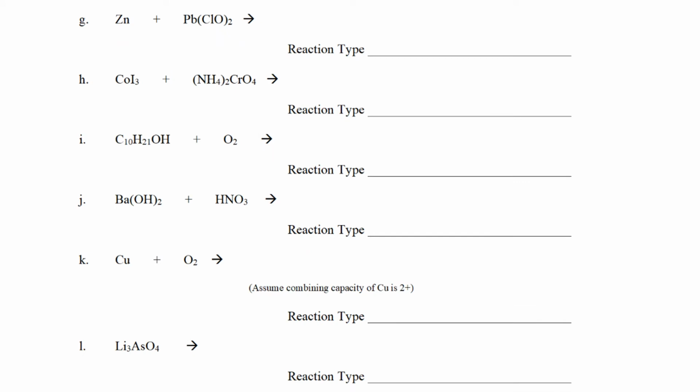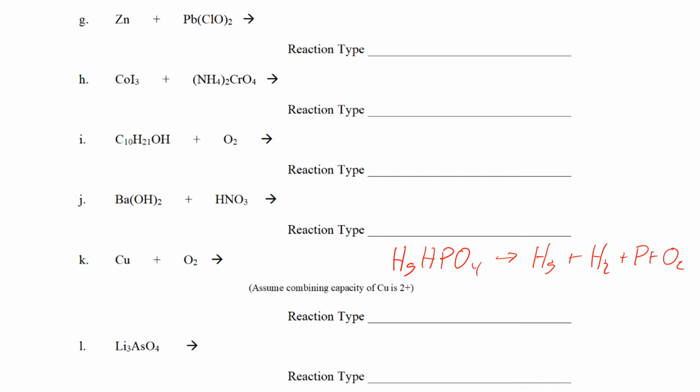I forgot to mention on the previous recording, I had one of the questions there said something like Hg, HPO4, and we said that it broke down into its components of Hg plus H2 plus P plus O2.